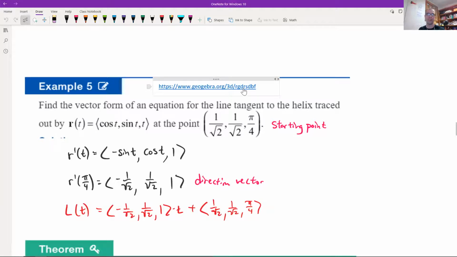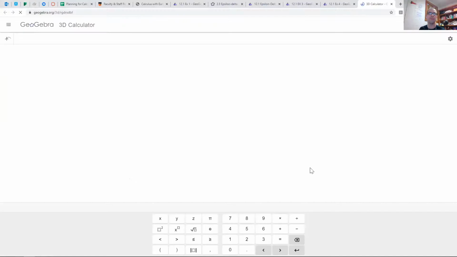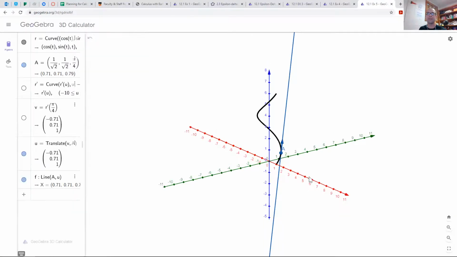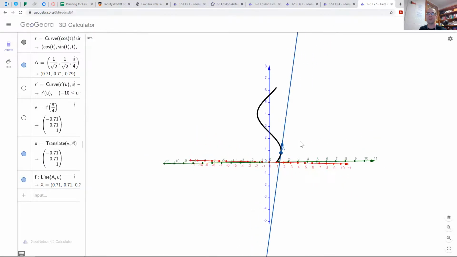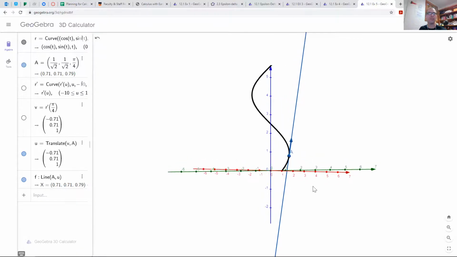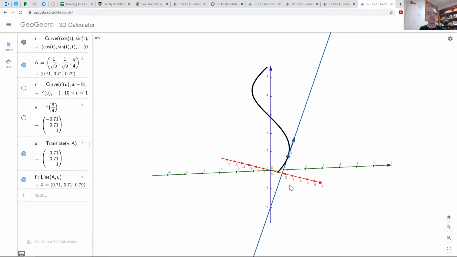We can go ahead and look at this. And there we have it. Our helix is there in black. A is our point. That's the starting point.